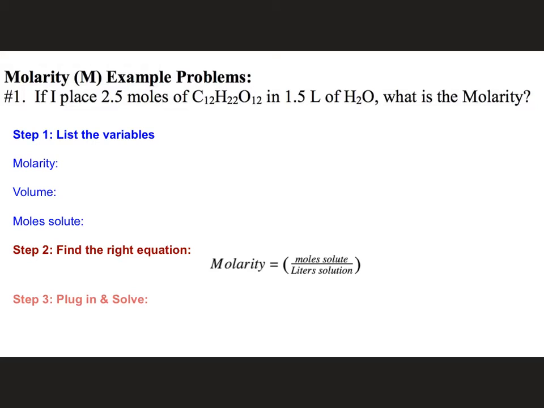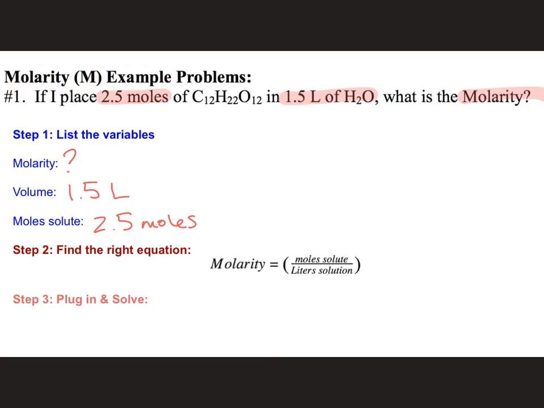So just like always, let's identify our variables. So first I'm going to highlight them. So we have 2.5 moles, we have 1.5 liters, and then it's asking for the molarity. So we do not know that. So the molarity, let's just put a question mark here. The volume is 1.5 liters, and the moles of the solute is 2.5 moles.